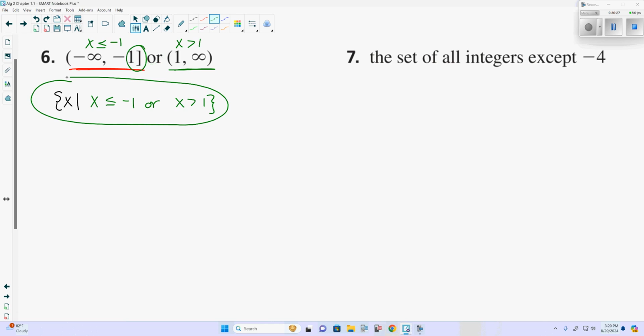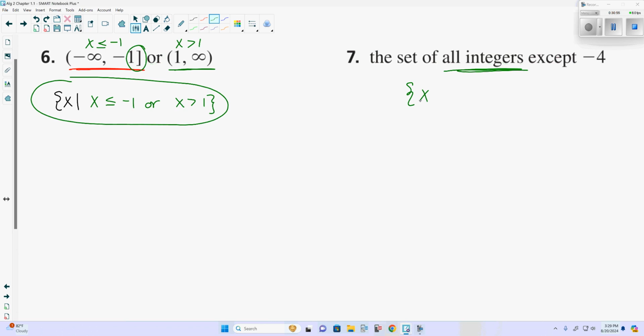The set of all integers except -4. What group of numbers are we talking about? All integers. So we'd have brace x bar and then describe or write out that they are integers.